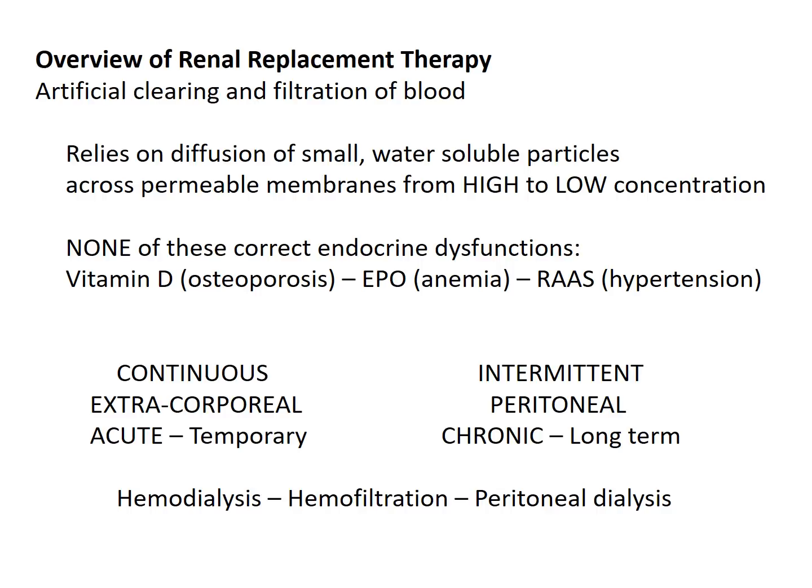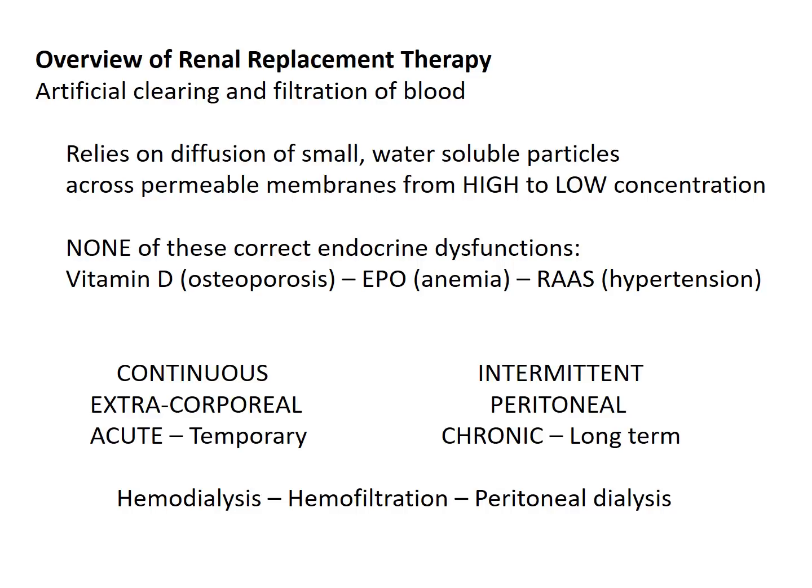And then finally, I'm not going to talk about this, but renal replacement, right? So if the kidneys aren't working, you may need some type of artificial way to clear the bloodstream of those toxins, to maintain water and electrolyte balance. All of these artificial modalities rely on some type of membrane through which components can move from high concentration to low concentration.